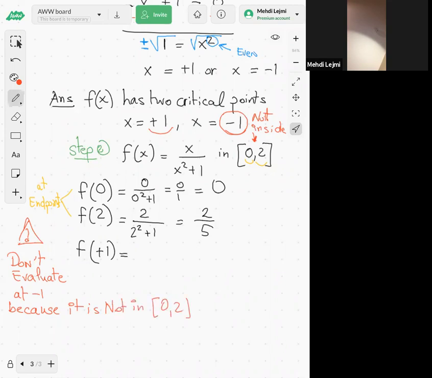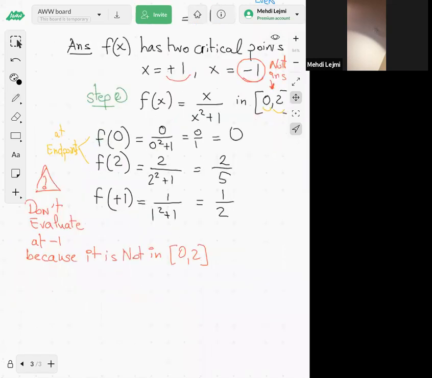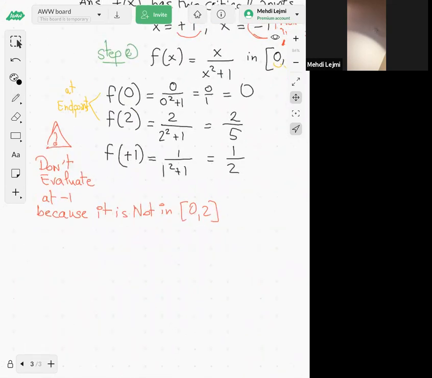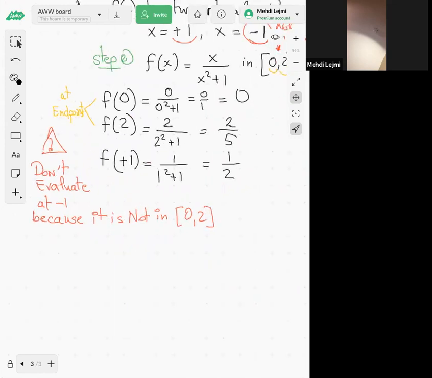So f of 1 is 1 over 1 squared plus 1, and that will be 1 over 2. Now I got f of 0, f of 2, and f of 1. I don't evaluate f at minus 1 because it doesn't belong to my interval.